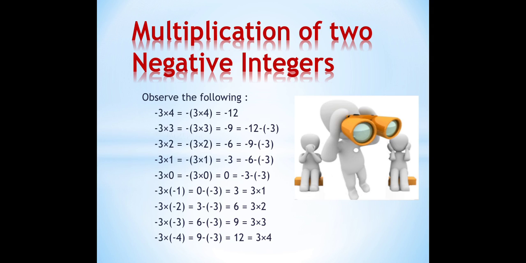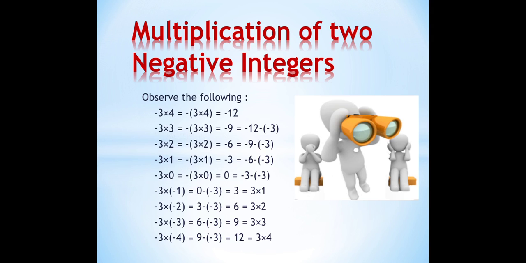Then minus 3 into minus 3 gives 9, which is equal to 3 into 3. Then minus 3 into minus 4 equals 12, which is again equal to 3 into 4. So can we say minus 3 into minus 1 is the same as 3 into 1, minus 3 into minus 2 is the same as 3 into 2, minus 3 into minus 3 is the same as 3 into 3, and minus 3 into minus 4 is the same as 3 into 4.